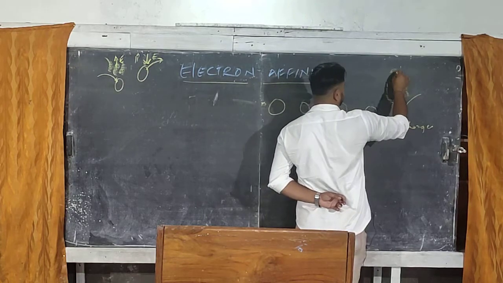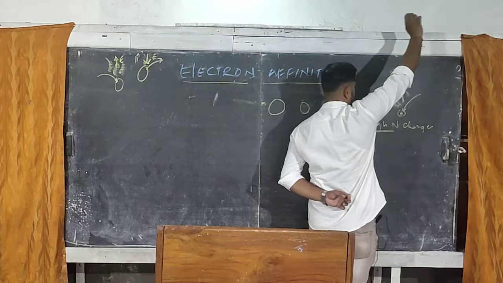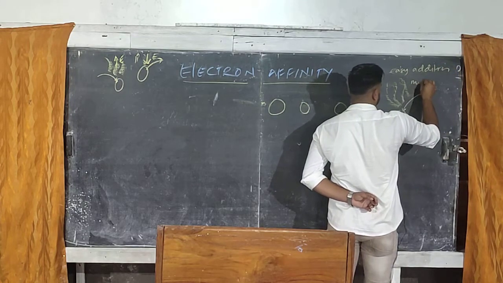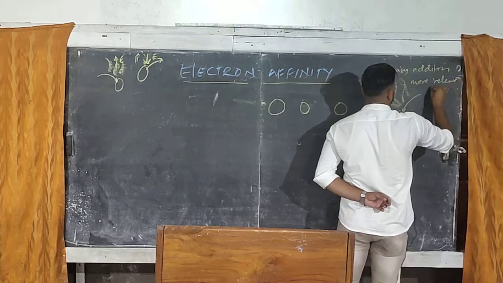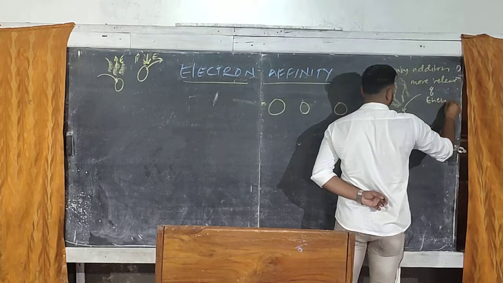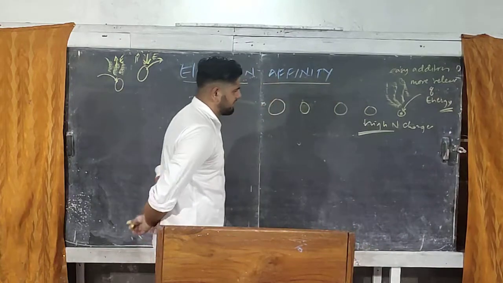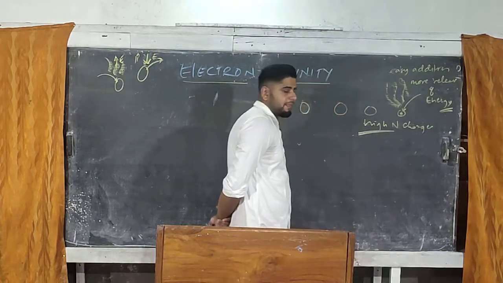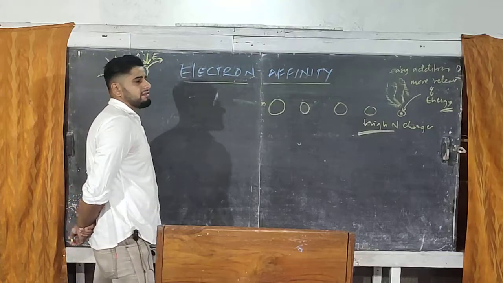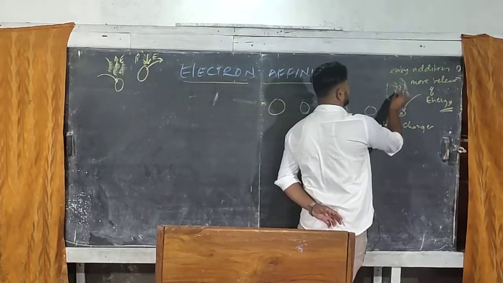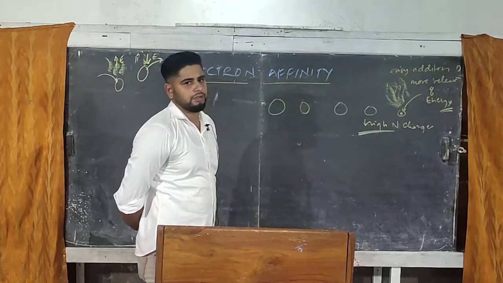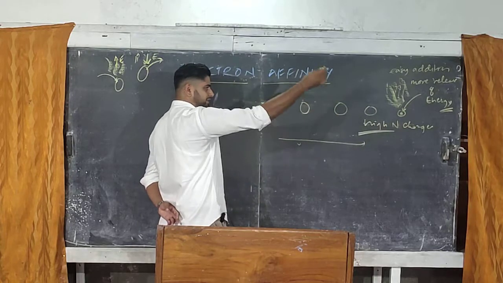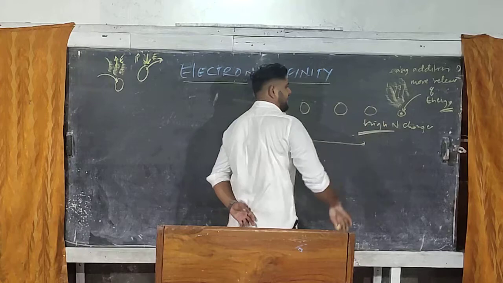Remember this. Easy addition, more release of energy. In a very simple way, try to understand this. If the size is smaller, or if it has higher nuclear charge, then addition of an electron is easy. If addition of an electron is easy, then the release of energy is more. Got it or not? So what happens when we move from left to right? Since nuclear charge is increasing, addition of an electron is easy, so high energy release.